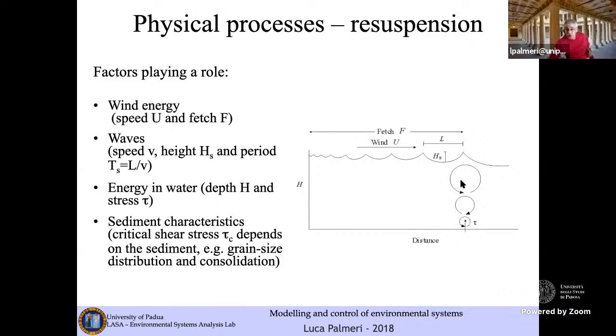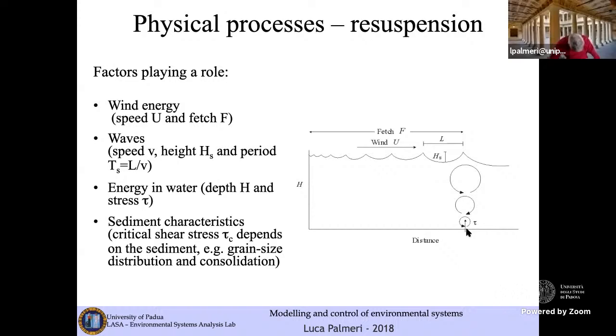When these water movements, depicted by these loops, reach the bottom of a water body, you know that the movement of water very close to the bottom is a horizontal movement.